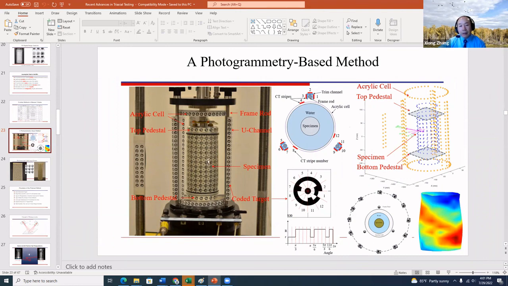When you take a picture, if it becomes an elliptical shape, we will fit it with the standard ellipse, and then we will transform it back into a perfect round circular shape. And then we can do the analysis.